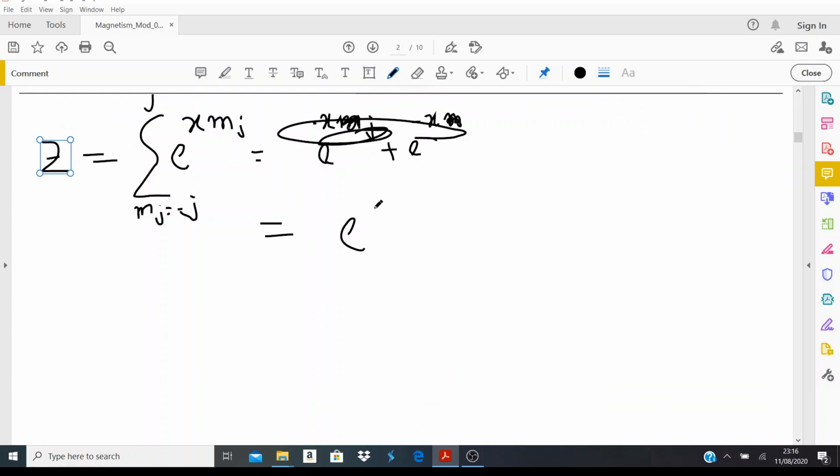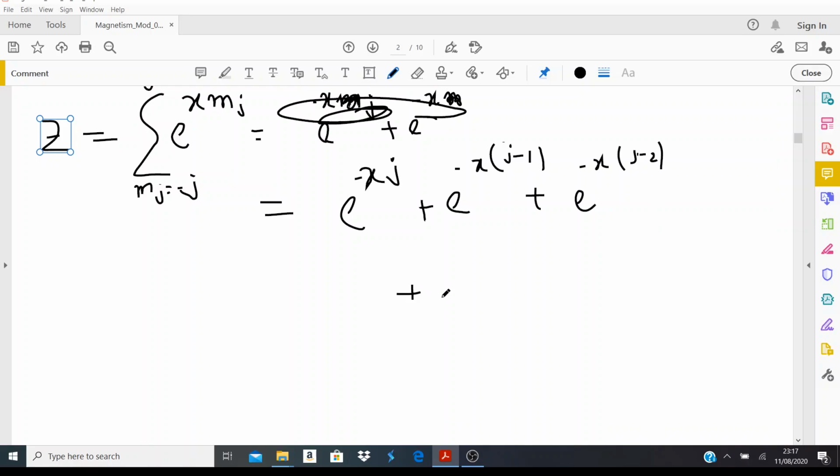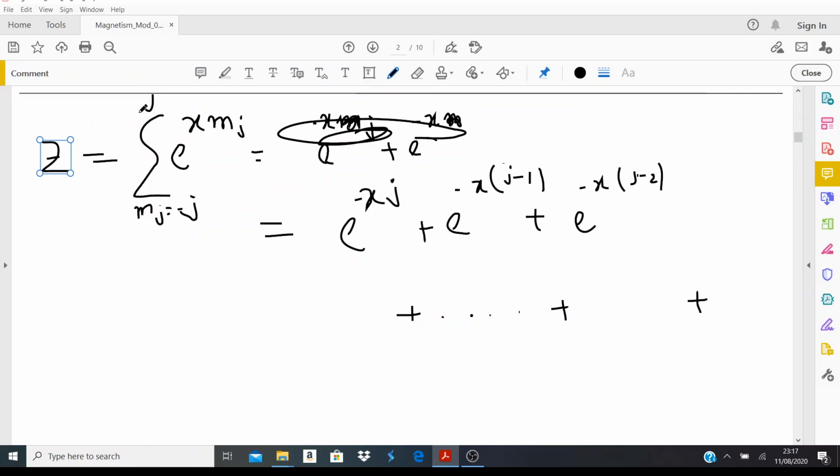So it should be e to the power x times minus j, and then the second term will be e to the power minus x j minus 1. The third term will be e to the power minus x j minus 2, and this way it will go all the way up to the last term. The sum will be, mj will be j, right?